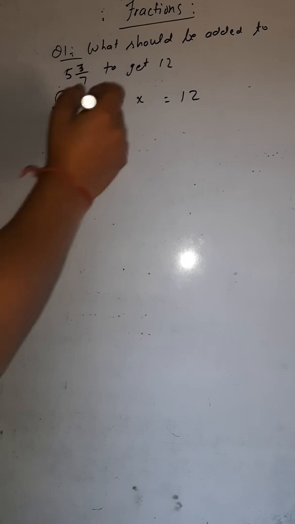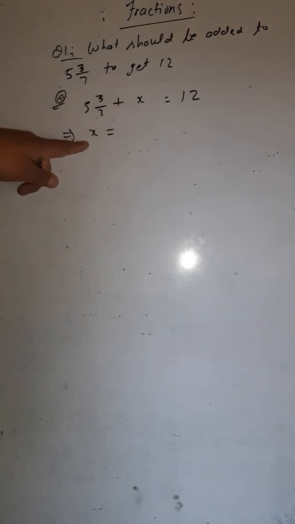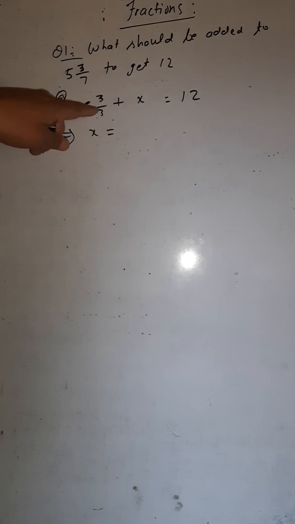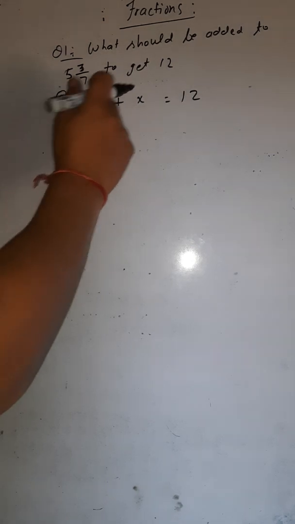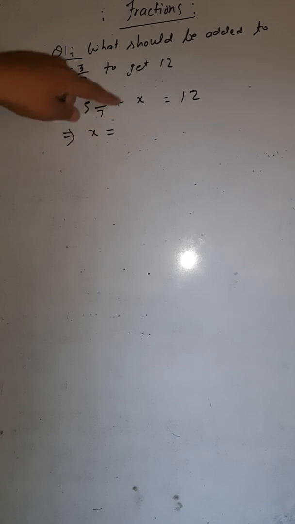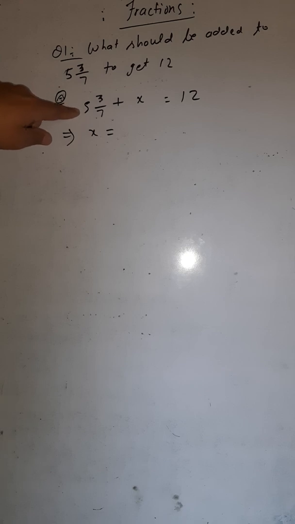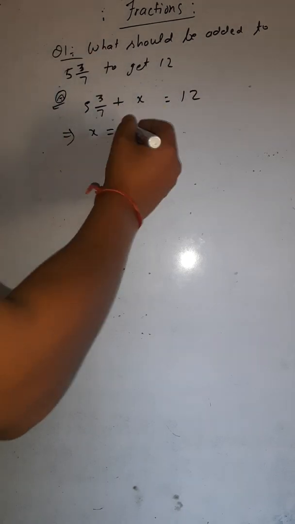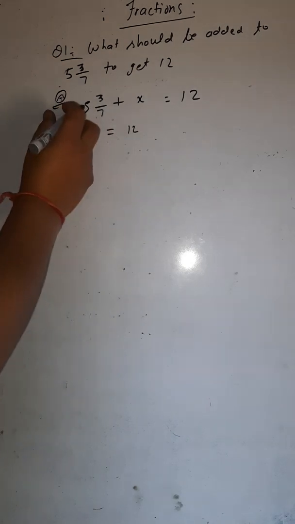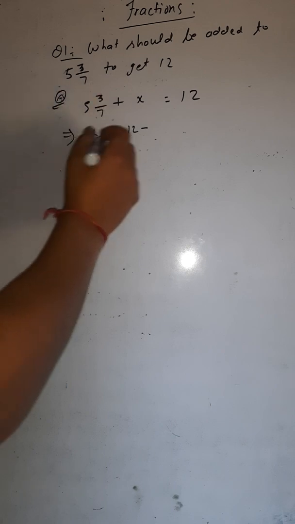It is positive here, so its sign would become negative: x equals 12 minus 5 whole 3 by 7.